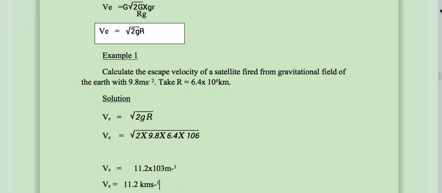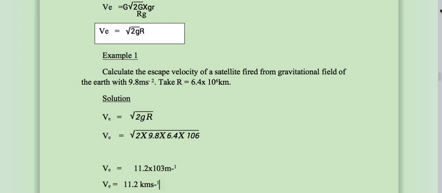Remember, we are given the big R, which is the radius of the earth, 6.4 times 10 raised to the power 6 kilometer. We are given the acceleration due to gravity, which is small g, 9.8 meters per second squared. And we are looking for our V, which is our escape velocity. If you look at it, we have two formulas, but the one we are going to use is V equals the square root of 2gR.